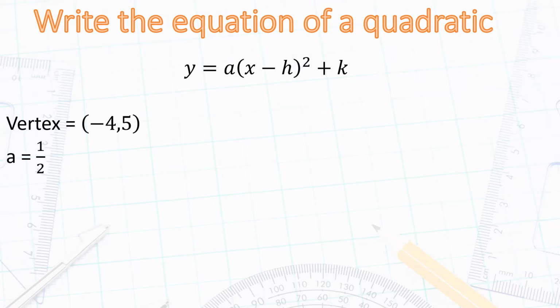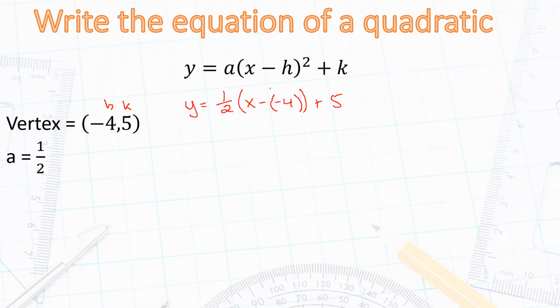Okay, so here's the equation again, and we're given the vertex of this parabola is at -4, 5, and has an a value of 1/2. So subbing in what we know, y is equal to 1/2 for a, x minus -4, because we got to put in a -4 where h is. This is my h, this is my k, and then plus 5.